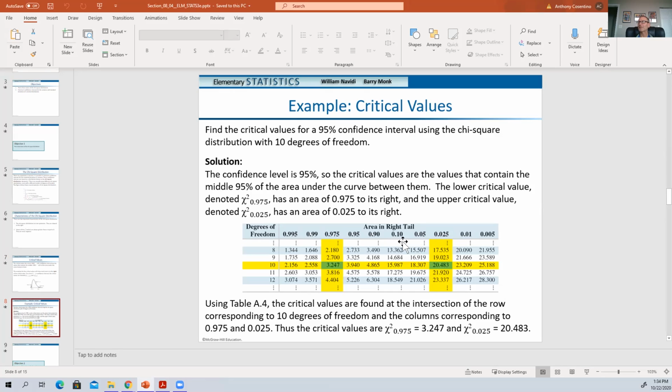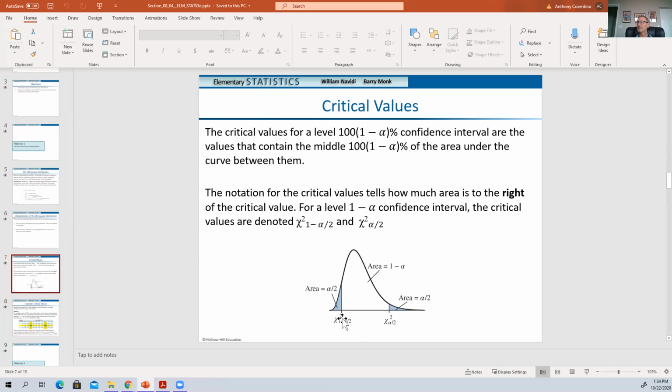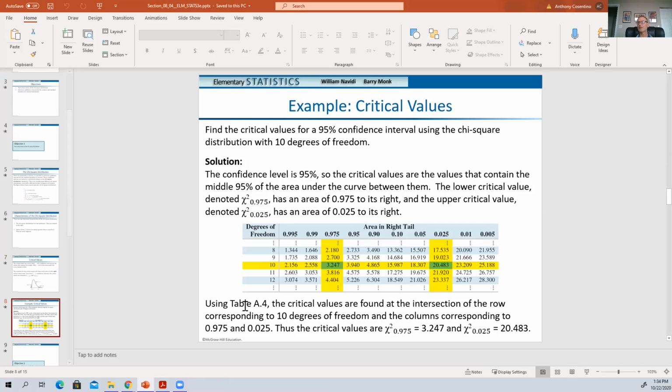And the lower end would be the 0.025. What is highlighted here is a 95% confidence, so the areas in the tails are going to be 0.025 and 0.025. If you think about the lower one, less than, it would be 0.025. And then the upper one is going to be 0.95 plus 0.025, which gives you 0.975. You have to read these right off the chart.